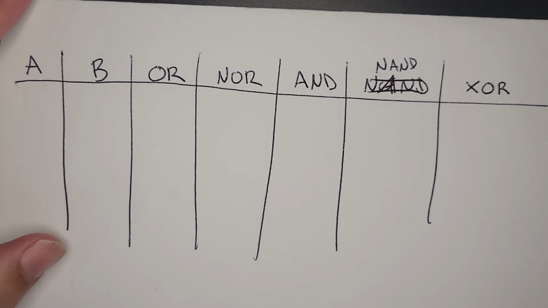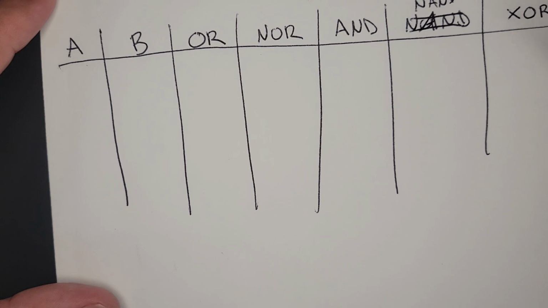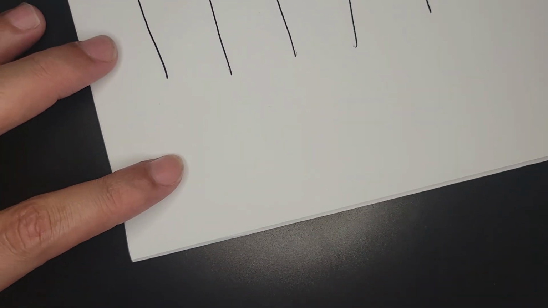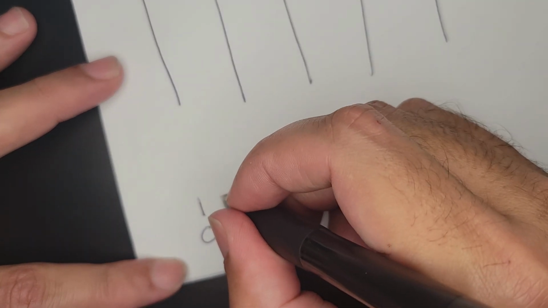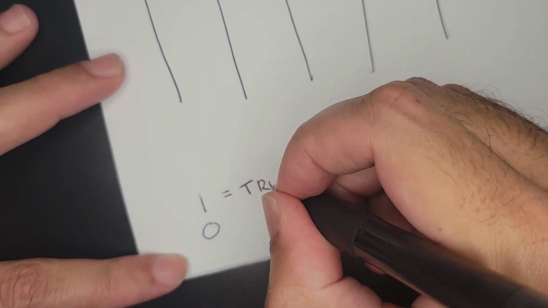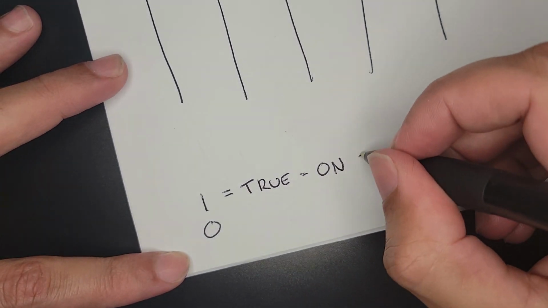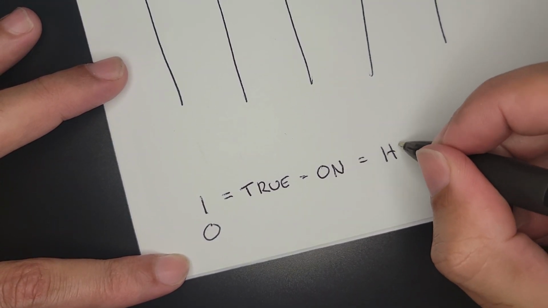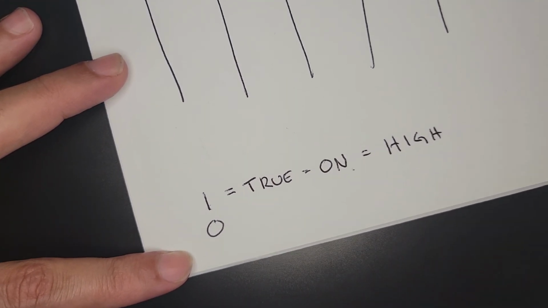So in digital electronics, we have two possible values. We have a 1 or a 0. So I'm going to write it down here. I'm going to put 1 or 0. And this is also true, or we could say a switch is on, or we could say it's high. These all mean the same thing. 1, true, on, high.